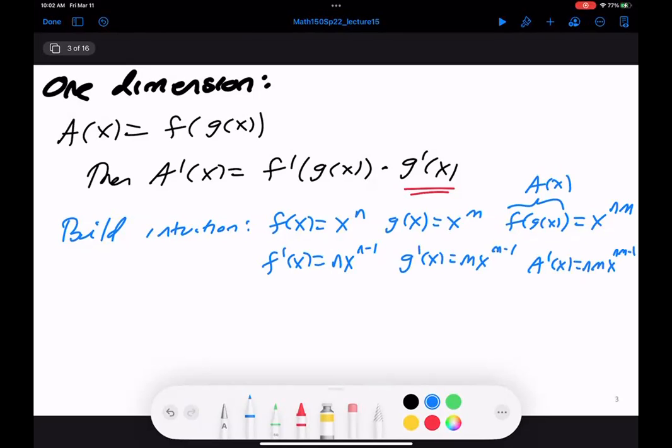When we're trying to evaluate the derivatives, because we have f of g of x, we should be thinking, well, if we're going to evaluate f prime, we can't evaluate f prime at x. If we evaluate f at g of x, where should f prime be evaluated?